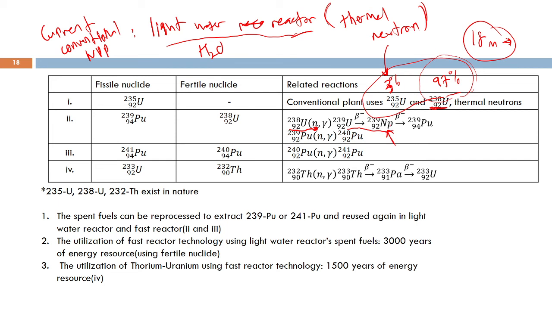Neptunium is no longer available in nature but abundant in nuclear power plants. Then that one beta minus decays, producing plutonium-239. Lots of plutonium-239 here.